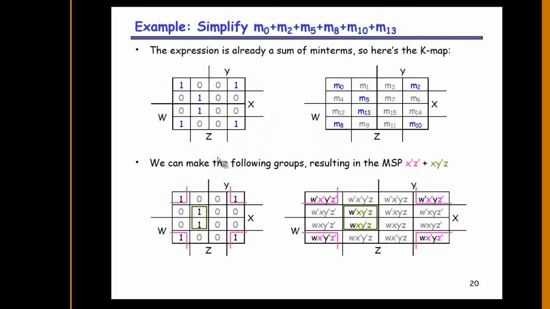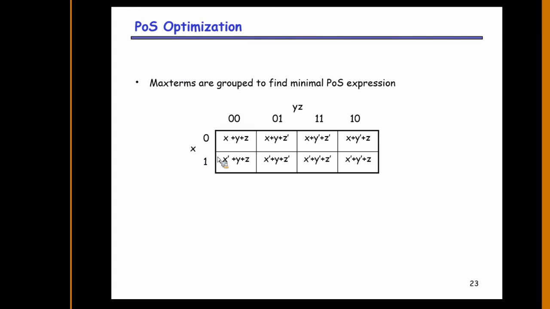To simplify maxterms, we use maxterm indexing like minterm indexing. The row index is 0 and 1, and the four columns are 0 0, 0 1, 1 1, 1 0. So these are the maxterms M0, M1, M3, M2, M4, M5, M7 and M6.